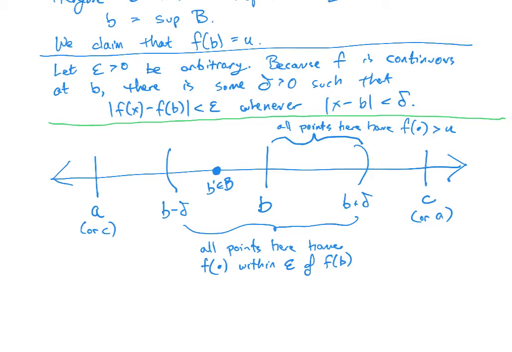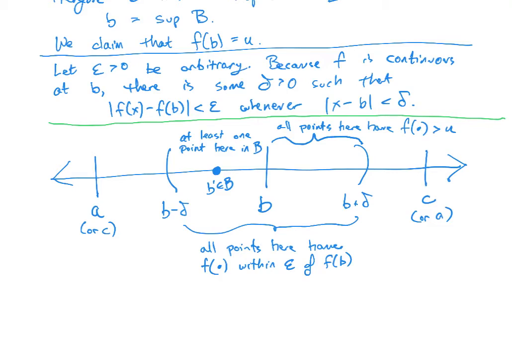Okay, so my claim over on the left is there's at least one point here in capital B. Why is that true? Because since b is the supremum, it has to be greater than one of the other ones?